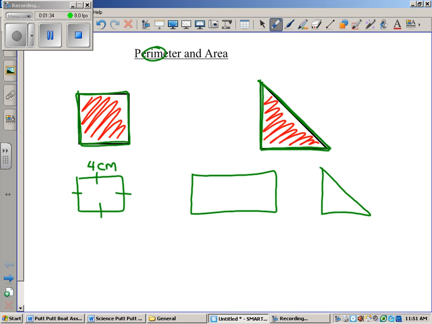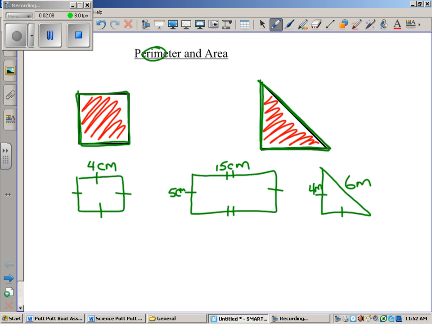Remember that this tag or this little dash on the line means that all those sides are the same, and that makes sense because it's a square, even though I didn't quite draw it to scale. Anyhow, in this one I'll make it 5 centimeters, and I'll make this one 15 centimeters. And over on this triangle I'll go 4 meters, put a tick here, which tells that that's 4, and I'll make this one 6 meters.